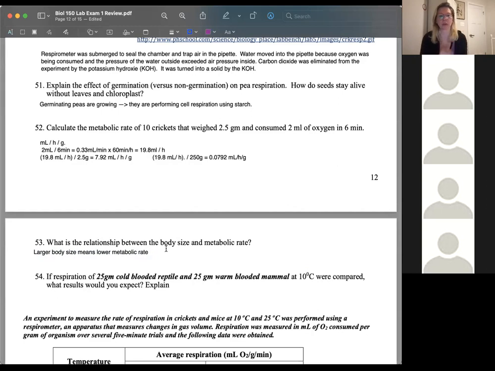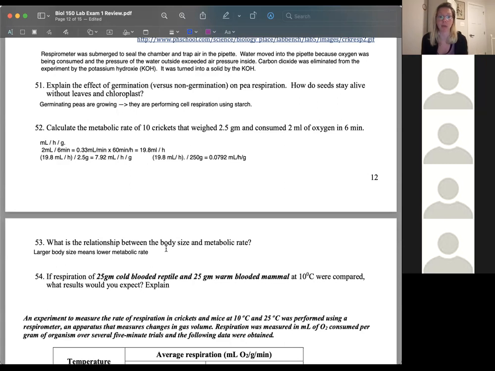The reason for this inverse relationship, I'm trying to think of the best way to explain it. I can't come up with the best way to explain it without using an anecdote, like small mammals compared to us.